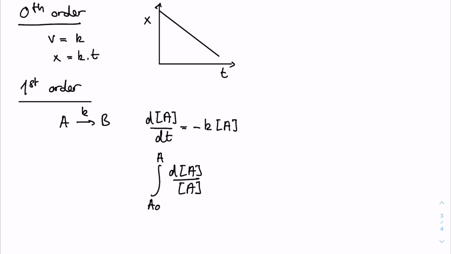I'm splitting the variables to the two sides, just as in normal integration. So I bring A to the left and I have minus K dt on the right, which I integrate from time 0 to time t, right? And then you all know that this is ln A over A0 equals minus K times t.